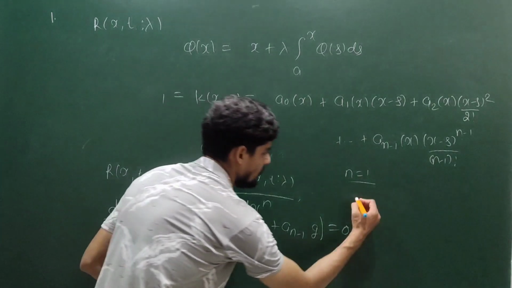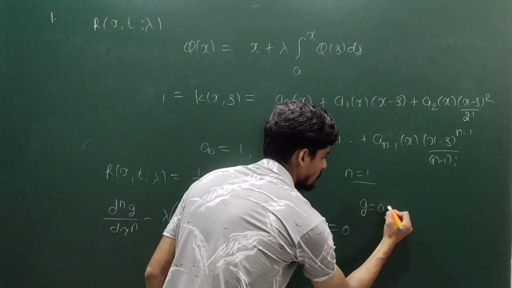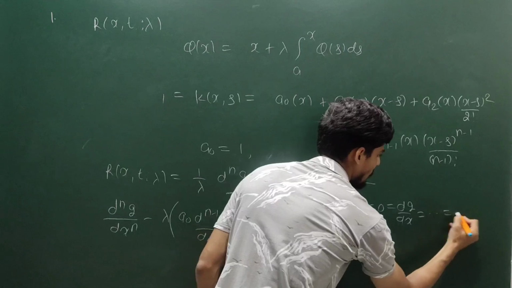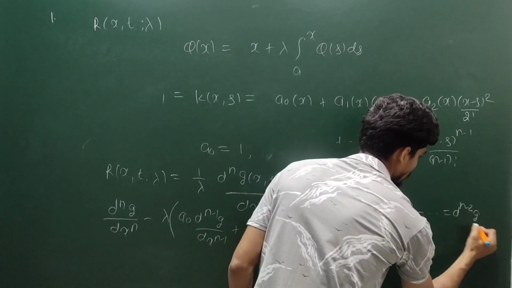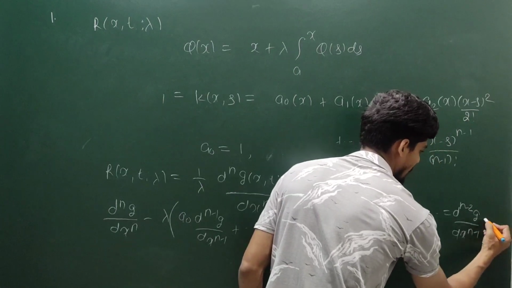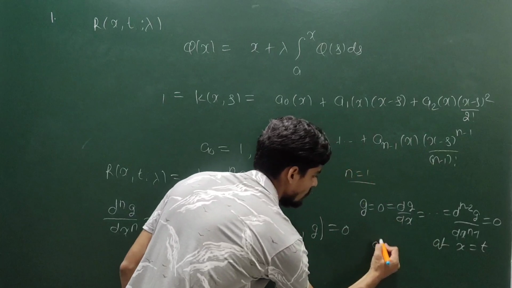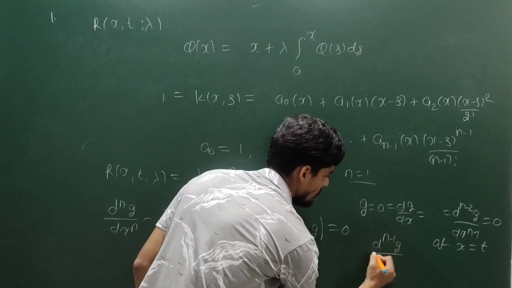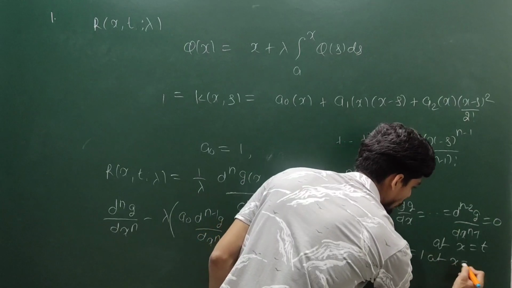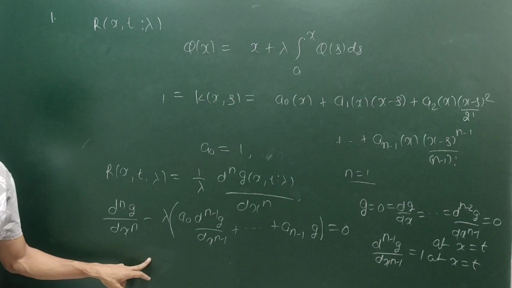The conditions are that g and its derivatives up to the (n-2)th order are 0 at x equal to t, and the (n-1)th derivative of g is 1 at x equal to t. So these are n conditions for finding the solution in a unique way.